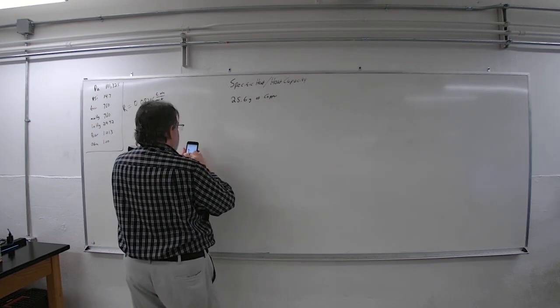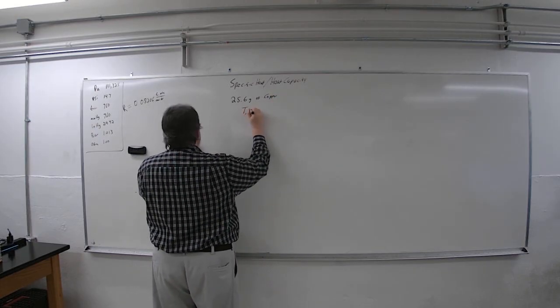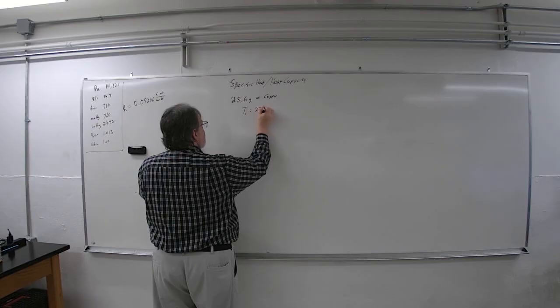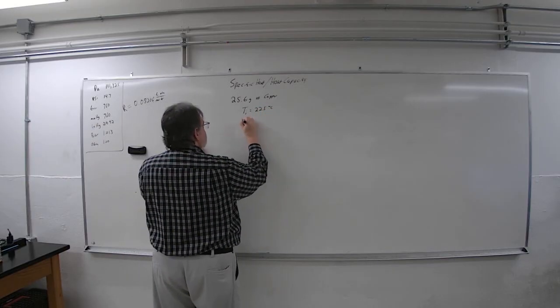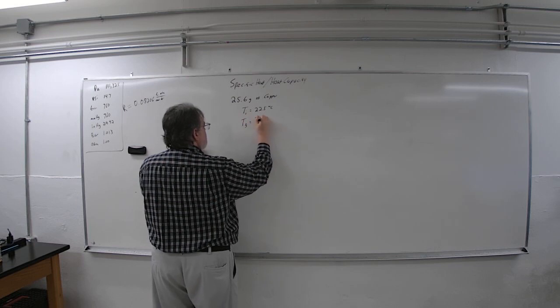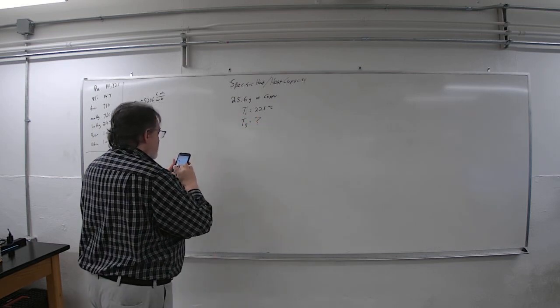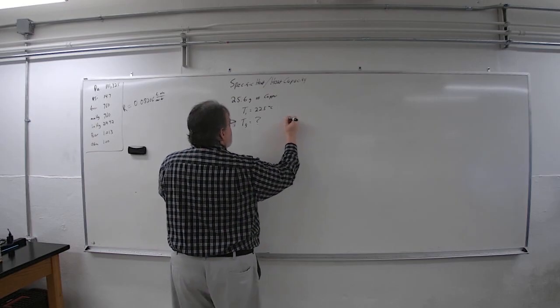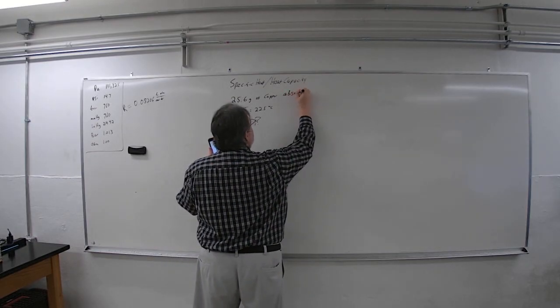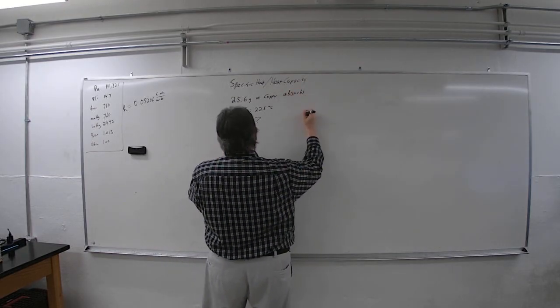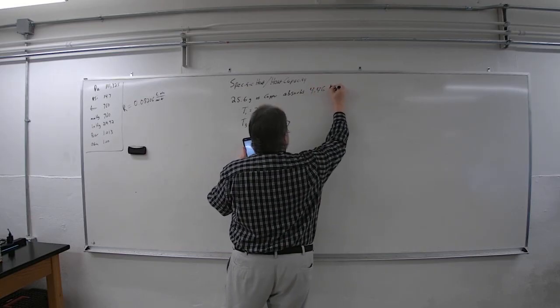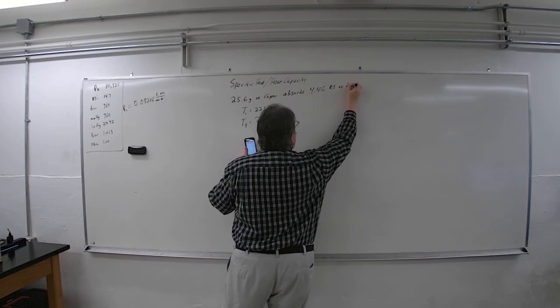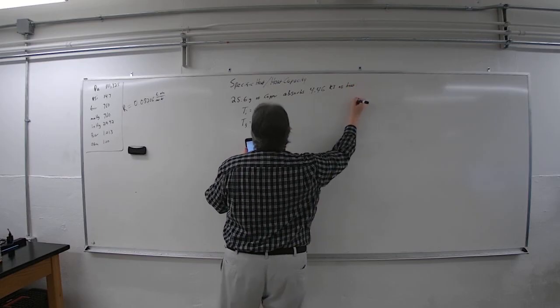This many grams of copper, initially at 22.5 degrees C. What is the final temperature? It absorbs 6 kilojoules of heat.